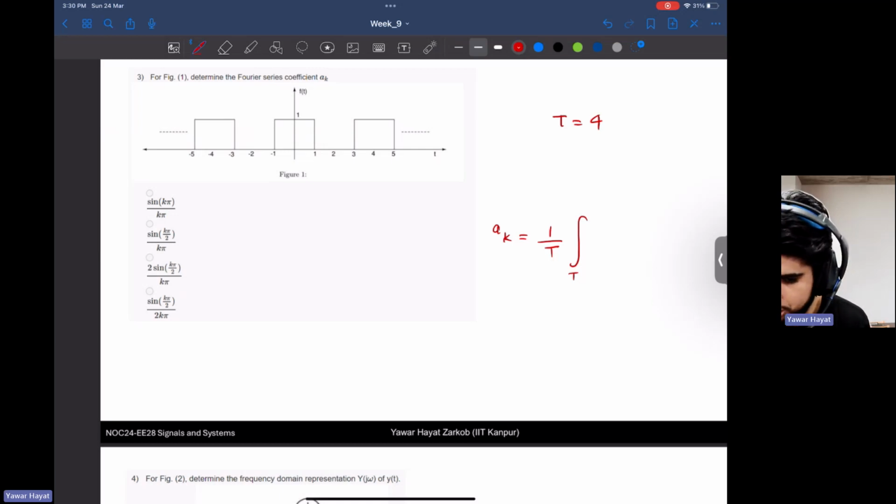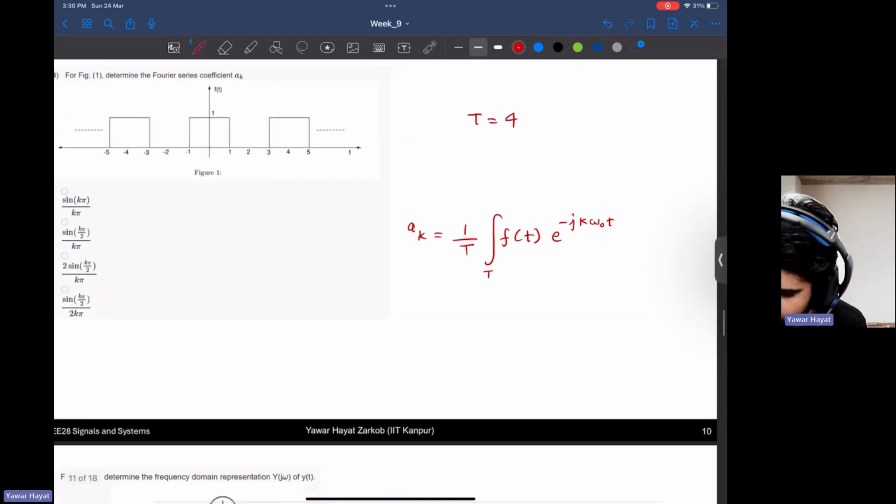Right. You could use 0 to T, you could use minus T by 2 to T by 2, whatever you need. And f of t e to the power minus j k omega naught t dt. Right?